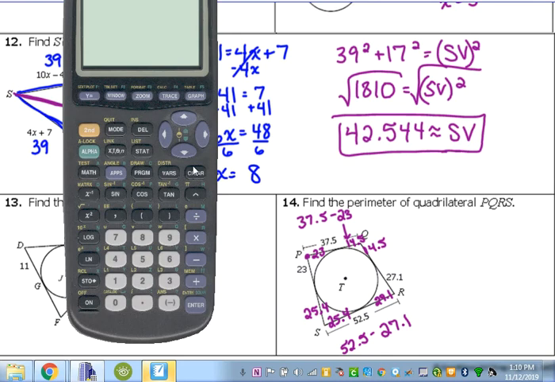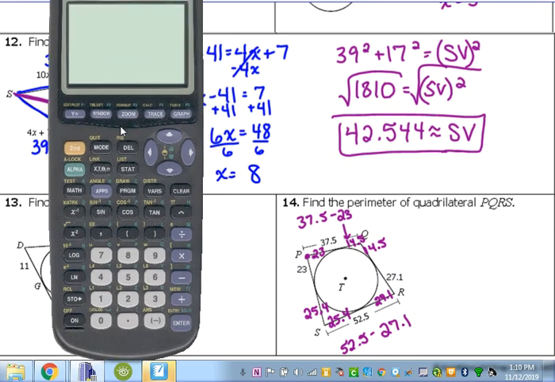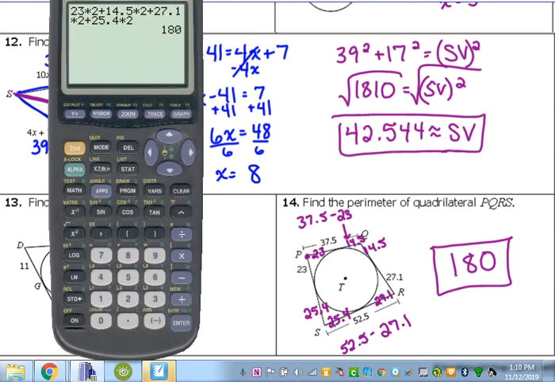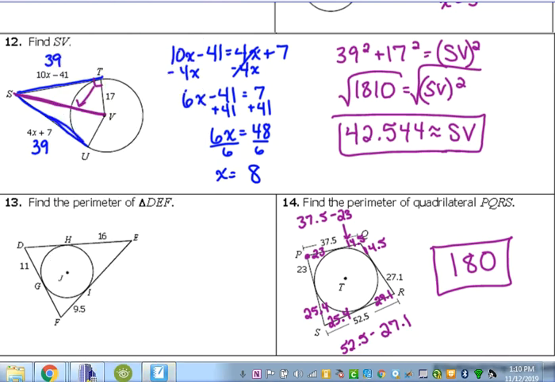It wants the perimeter. Perimeter is the sum of all the sides, right? So add them all up. Now, let's be smart about this. We have two 23s, so 23 times 2, plus 14.5 times 2, plus 27.1 times 2, plus 25.4 times 2. You could, of course, just add those all up, that's fine. I'm just trying to save myself some keystrokes. Okay, so the total is 180.